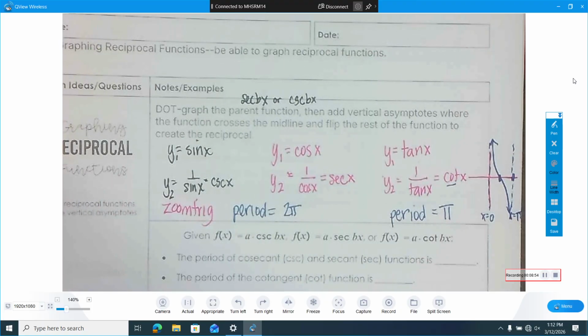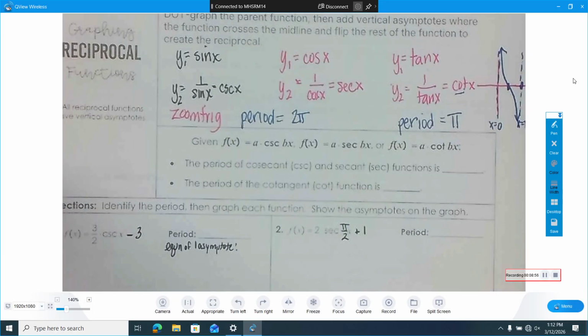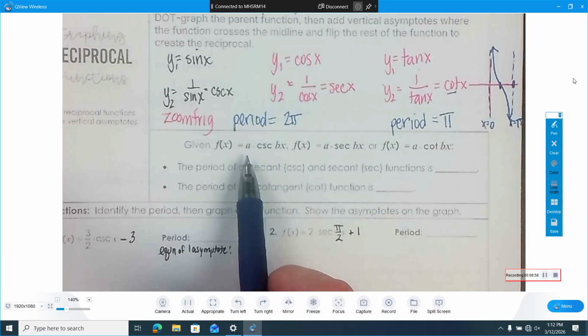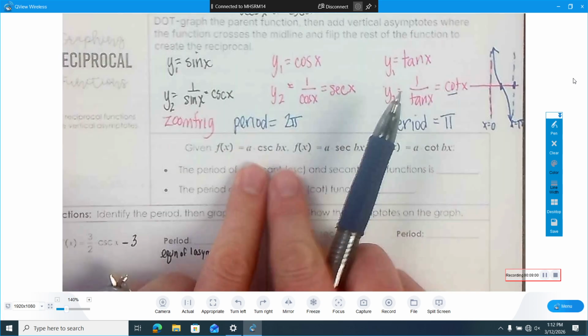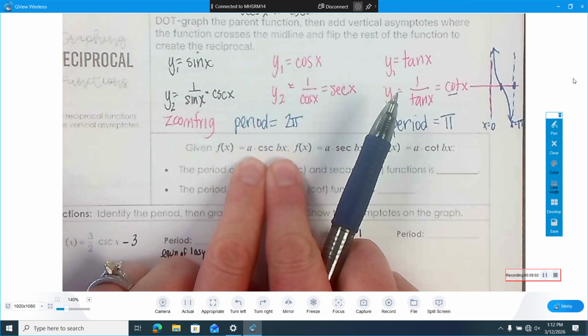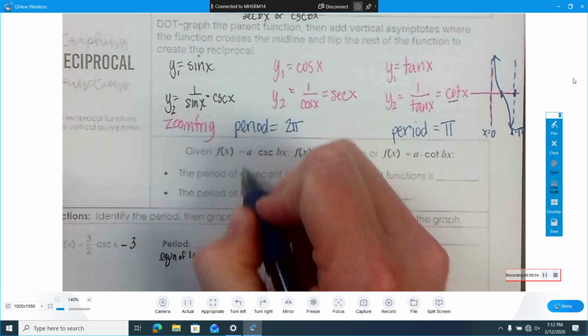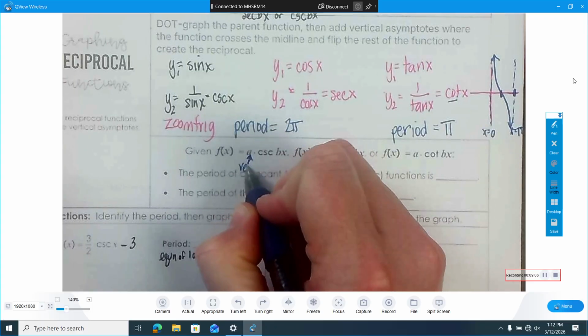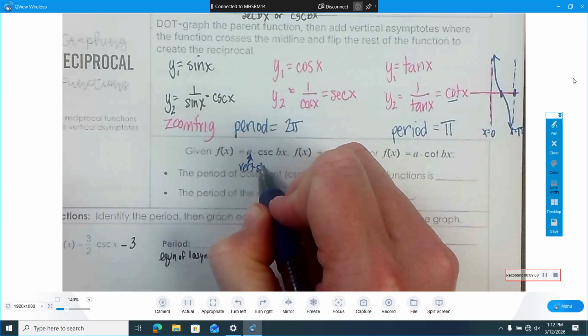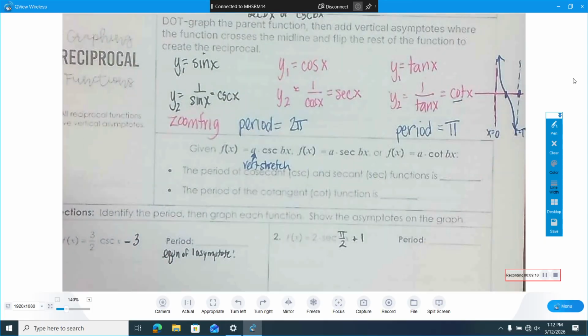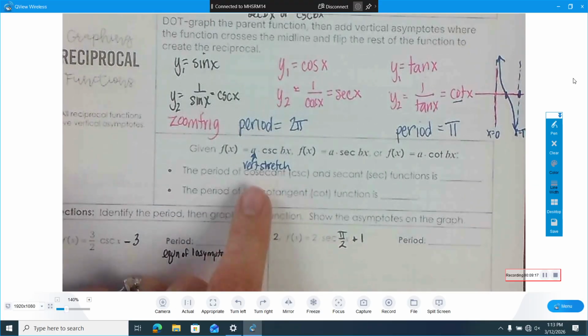All right. So we are going to be graphing these changes, the vertical stretch. We're going to do this using Delta Math. So they have the little dots on these, so you can do the little vertical stretch in Delta Math.